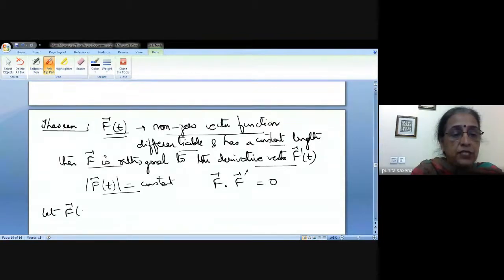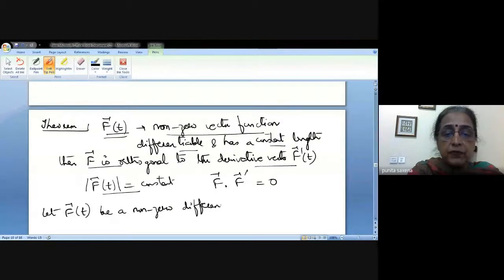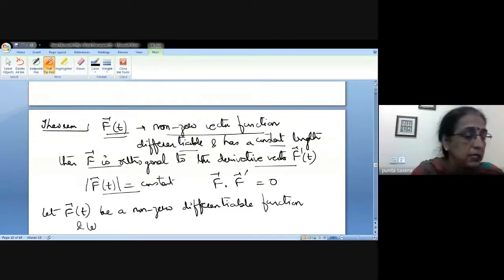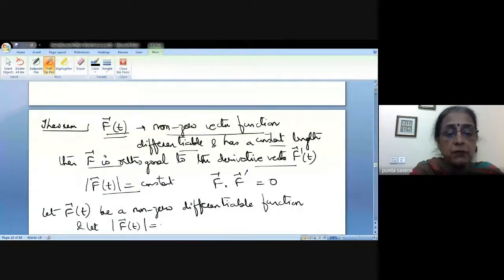Let f(t) be a non-zero differentiable function. Since we want the length to be constant, let mod of f(t), the magnitude of f(t), be r, some scalar quantity, where r is constant.